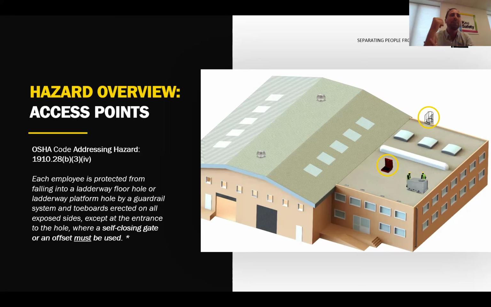Construction law applies when the building is being built or a major rehab is being done, right? Any code under the construction portion of the law is going to start with 1926. What we're talking about today, this code starts with 1910.